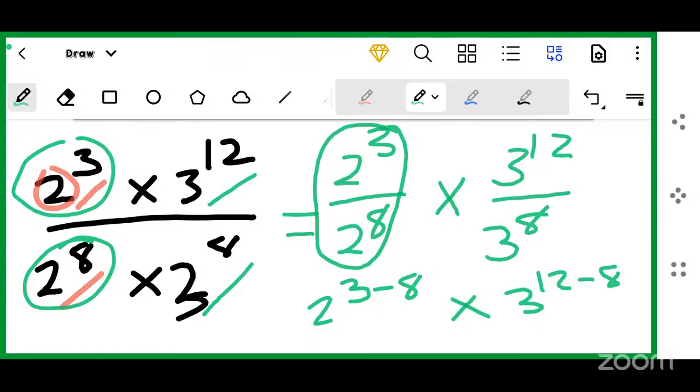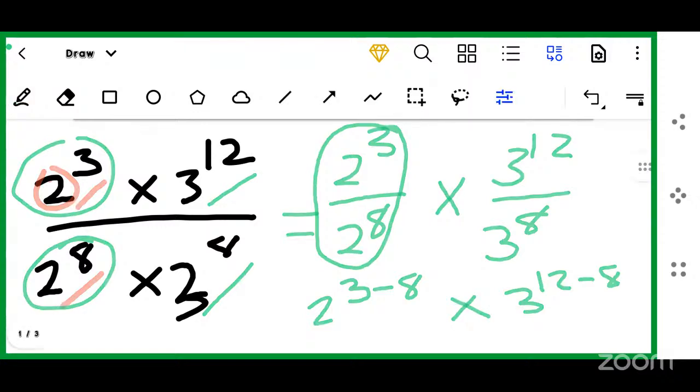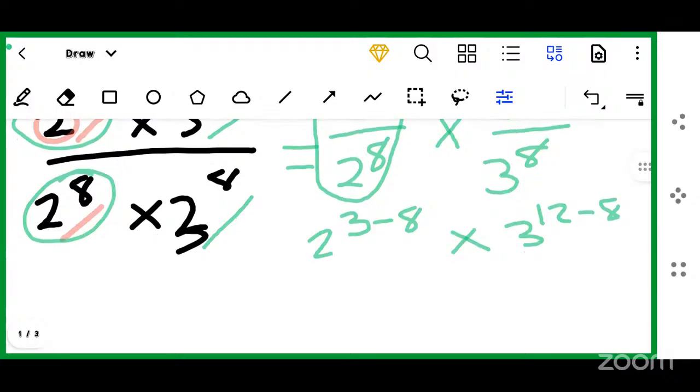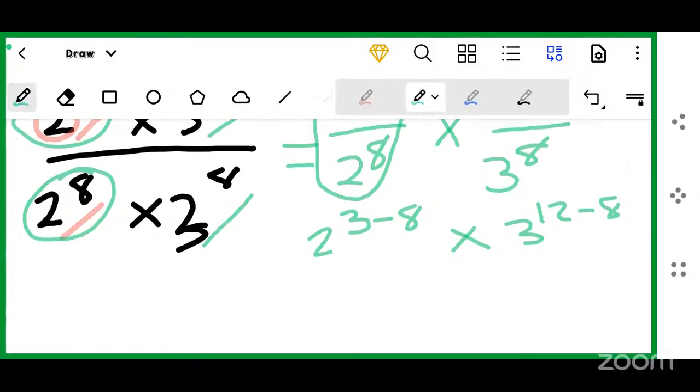So what is 3 minus 8? It's going to be -5. Perfect. And what is 12 minus 8? 4. Perfect.